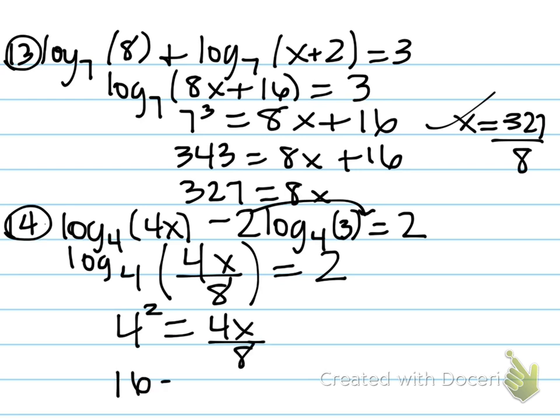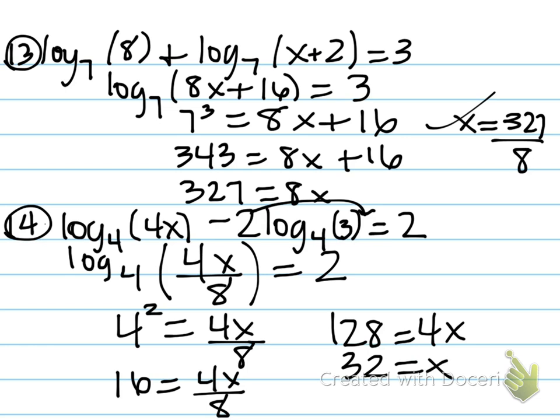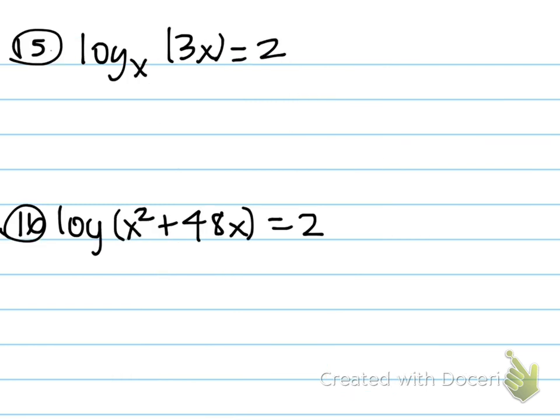So we have 16 equals 4x over 8. 16 times 8 is 128. And 128 divided by 4 is 32. And when I take this number, not that color, when I take this number and plug it into this x, it is a positive number, so this works.